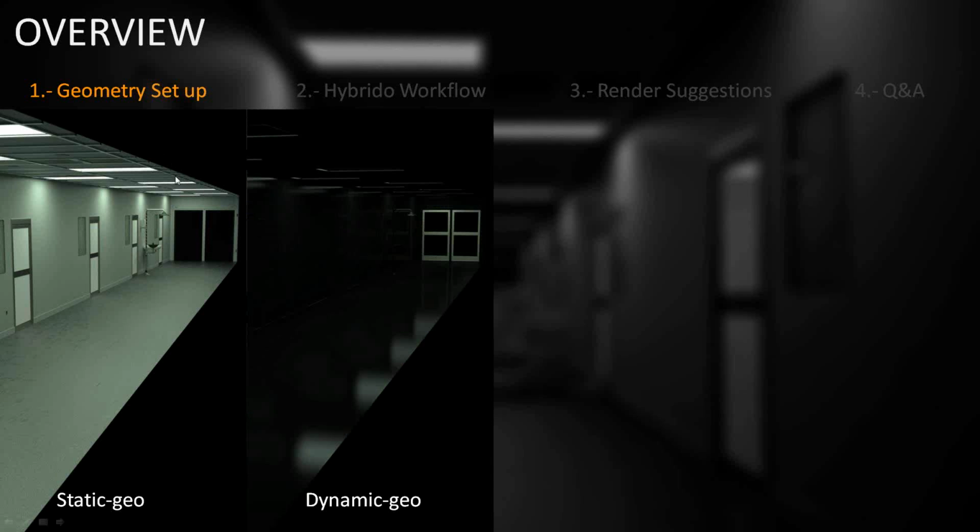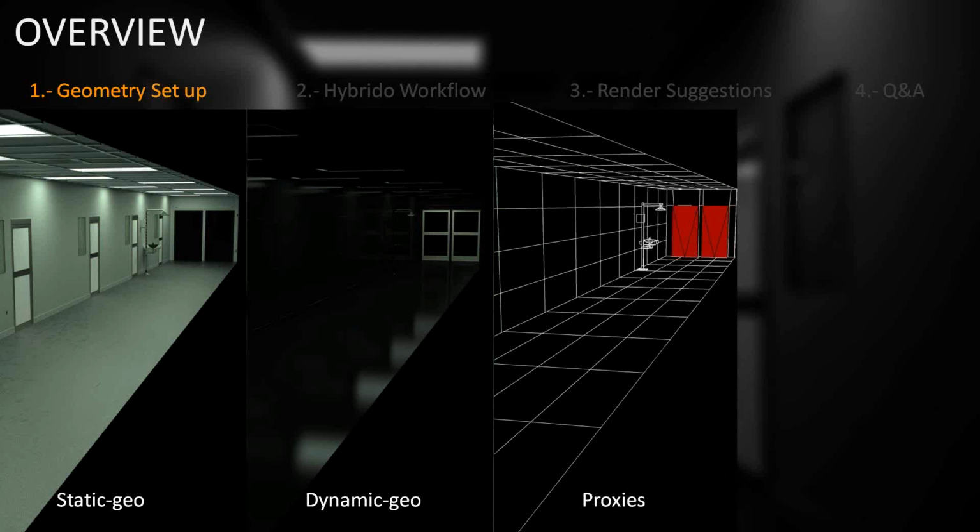So basically we're going to deal with this static corridor with a cube here, and we will drive the doors, as I told you before, with the behavior of the fluid itself. And then we will take a look at the derivatives of this geometry, and we will work with proxies.